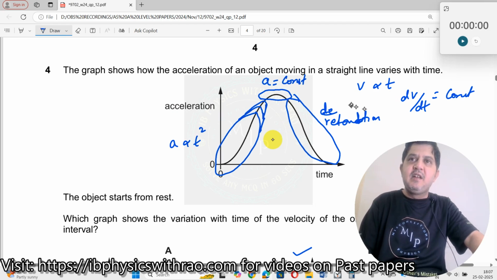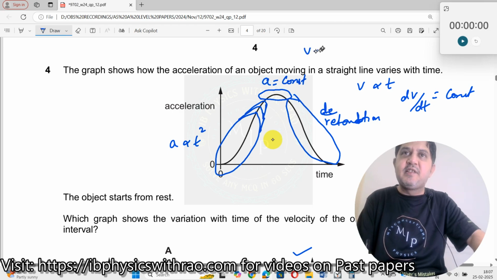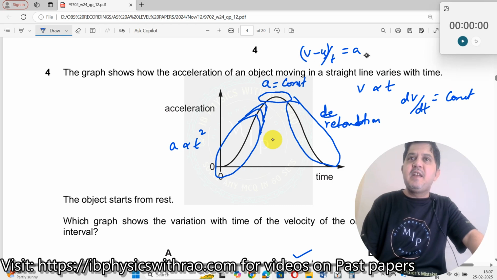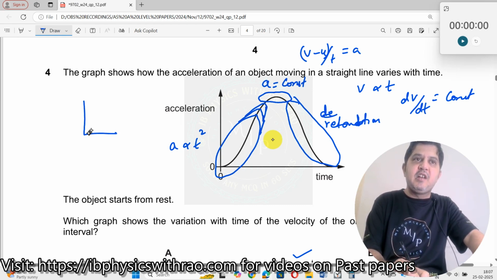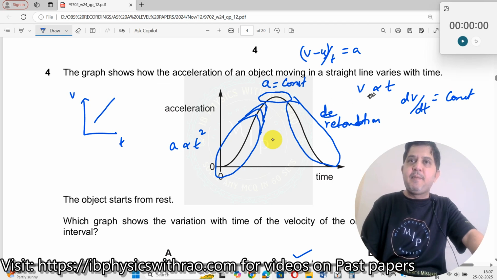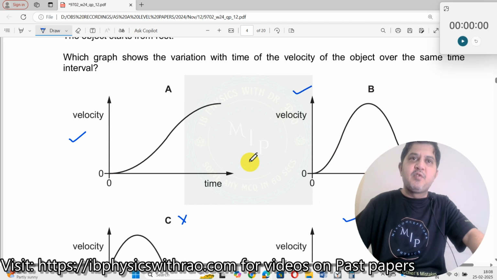Or in other words, whenever acceleration is constant, you can always write (v minus u) divided by t is equal to a, and a is constant. So if you recall your vt graph, you will always get a straight line, right? V proportional to t.